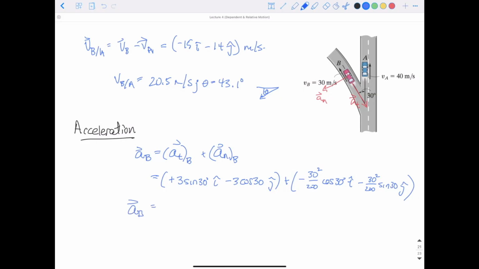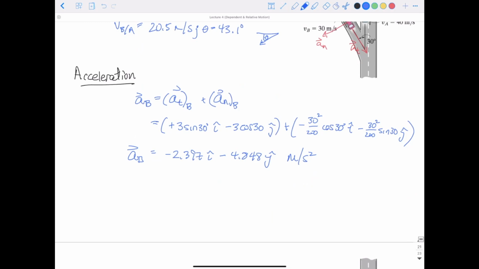So finally, our acceleration of b would be equal to -2.397 I minus 4.848 j meters per second squared. So that's the vector form of our acceleration of b.